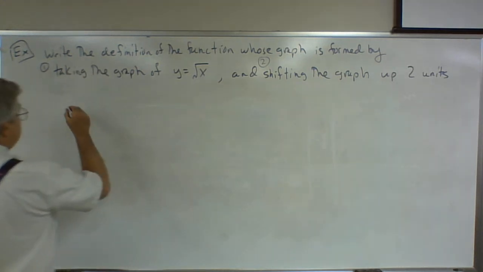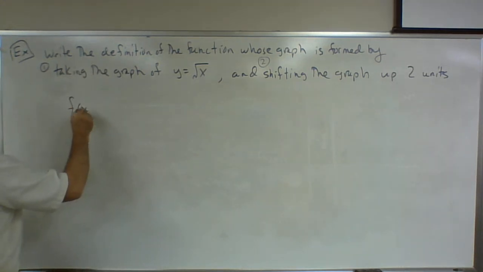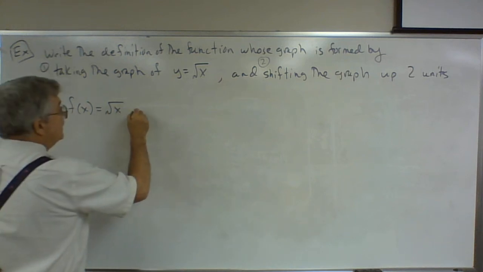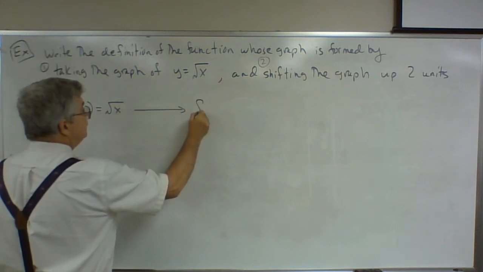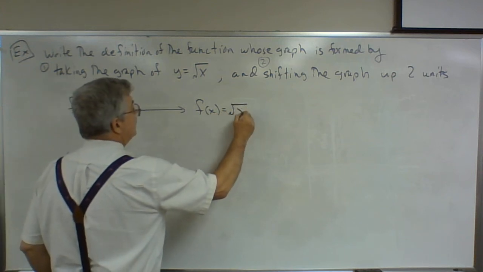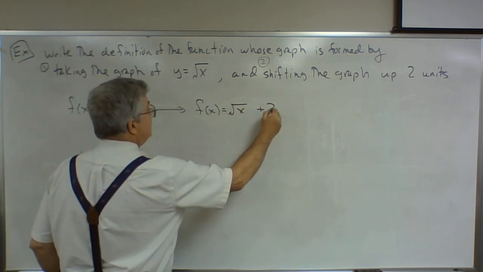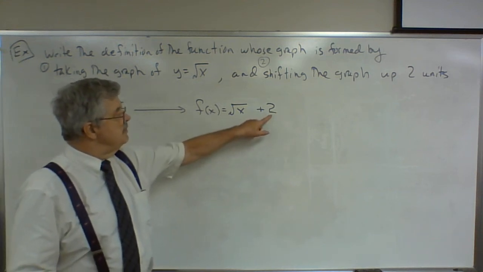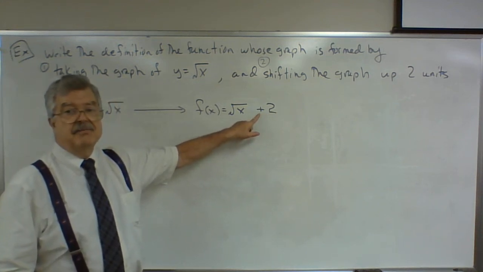We start with our basic repertoire function, f of x equals square root of x. And to get a vertical shift upward, we just add the amount of the vertical shift. To shift it up 2 units, just add 2.